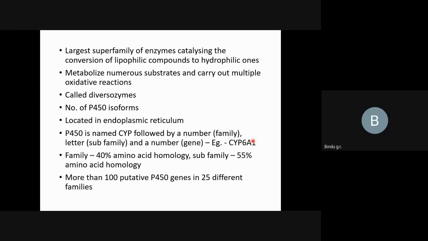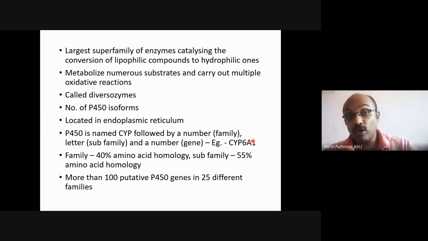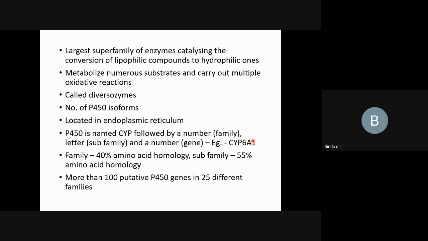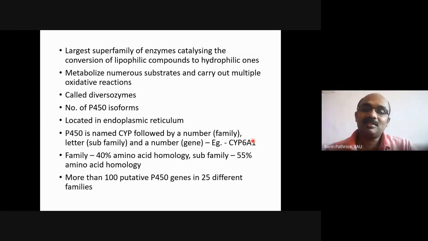Sir, I have one small doubt. CYP6, they mentioned as 6, right? So 6 means they have 40% amino acid homology. Then what is the reason why they kept number 6 only? See, there are 25 different families, numbered from 1 to 25. I have taken only one example.